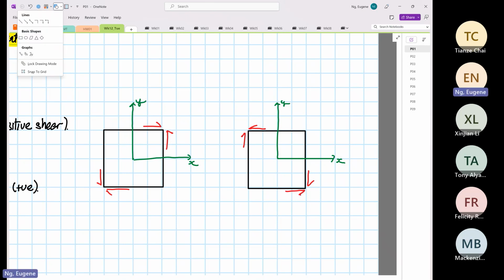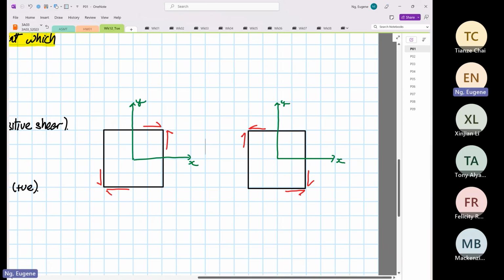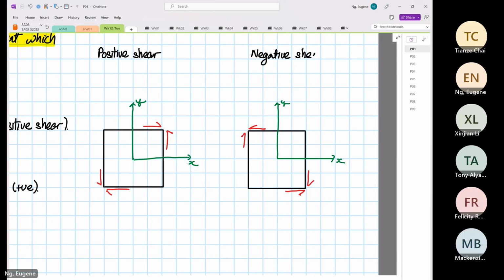The one on the left hand side is what we term positive shear, and I'll explain to you why. The one on the right is what we term negative shear. So why is it?